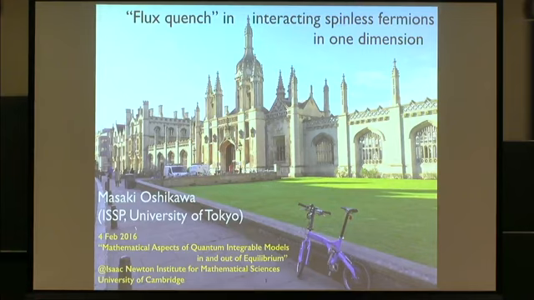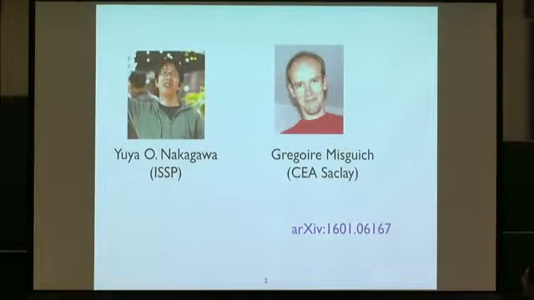I'm giving a talk on this here partly because there are so many experts in the audience. Hopefully some of you have a better idea how to understand our numerical result. My talk is based on a recent paper on arXiv, a collaboration with a student of mine, Yuya Nakagawa, and also Gregor Mussardo and Sakurai.